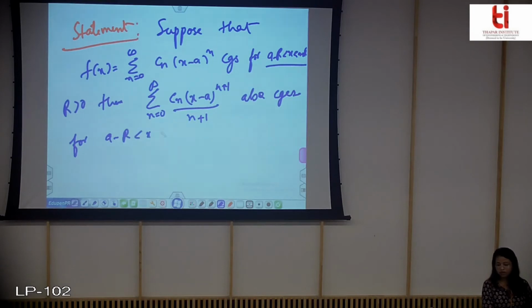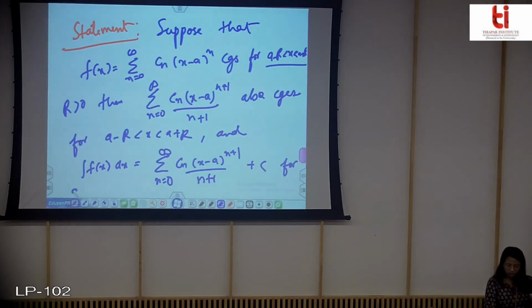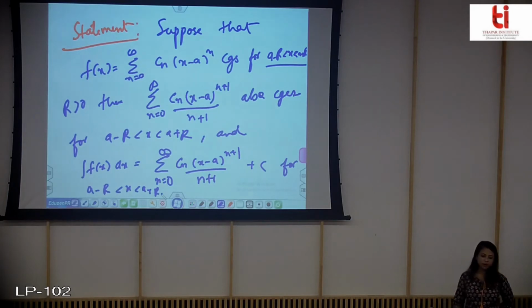And what do you have, the integration of f(x) dx will be equal to this, and it will also converge for all x in between a minus r to a plus r. Okay, so this is the statement for the term by term integration.